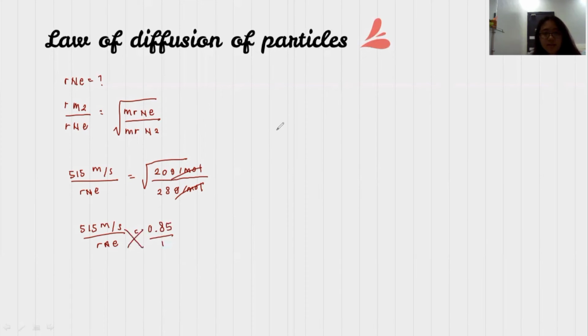Cross multiply. In order to find the rate of diffusion of neon, we need to divide it by 0.85. Cancel 0.85 out. Then we're going to divide 515 by 0.85, and we got the result 605.88 meter per s.